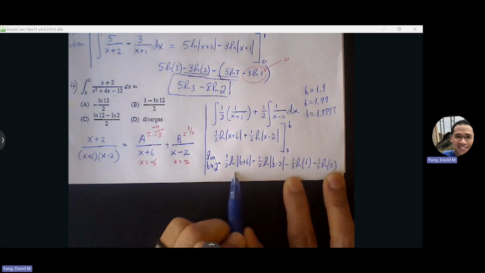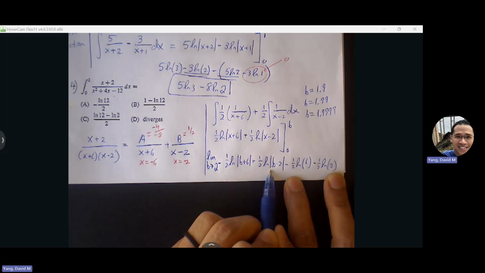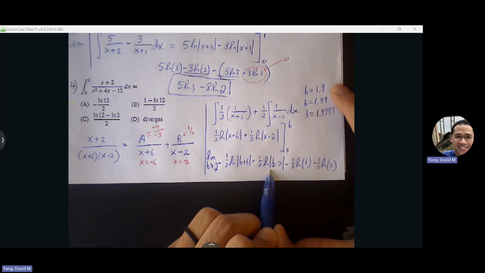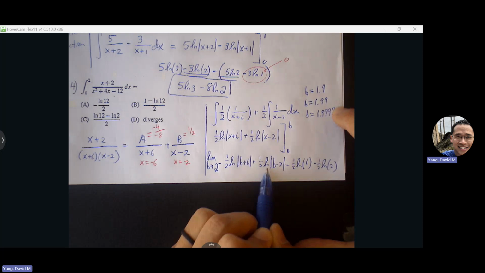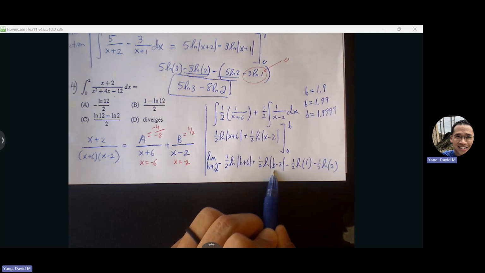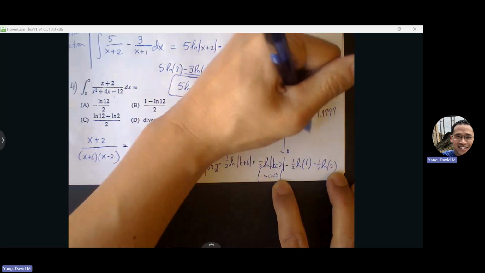It's not going to impact this one here. That's going to be fine. That's going to be just 2 plus 6. But if I plug in 1.9 for b, 1.9 minus 2, the absolute value is going to be 0.1. This will become 0.001, 0.0001. If we get closer and closer towards 0, that natural log is going to go to negative infinity. So if anything diverges, the whole thing diverges.